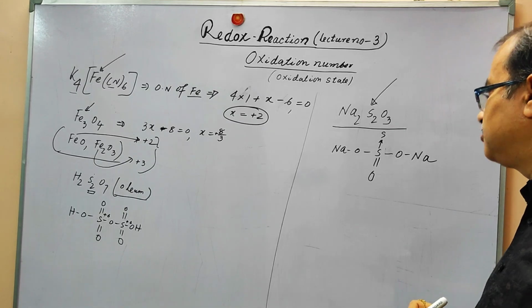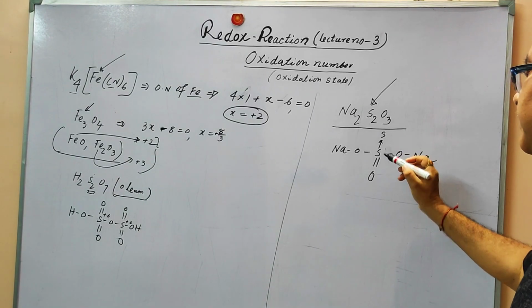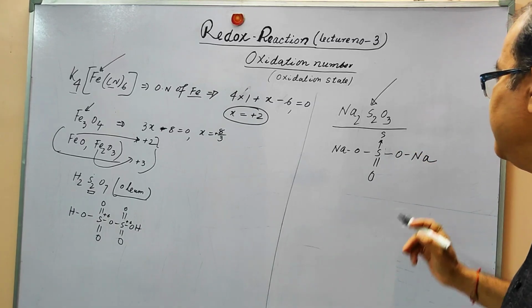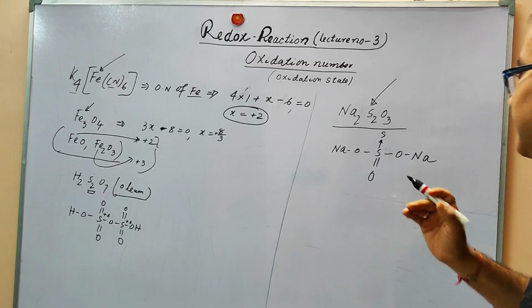This is the structure of this compound, and you can see that it is totally different. Here two sulfur atoms have been joined differently, and that is why their oxidation numbers will be different.